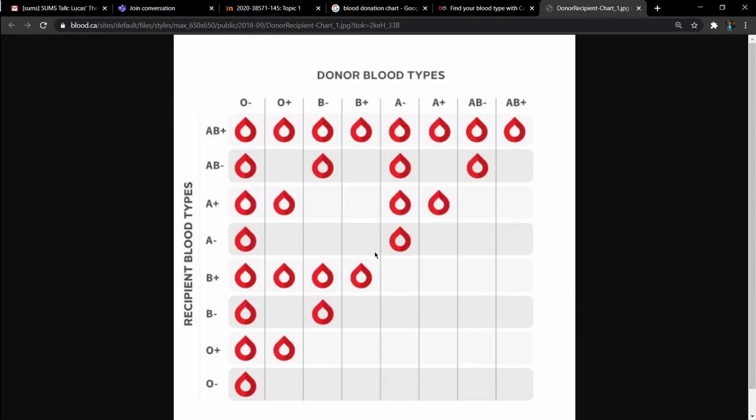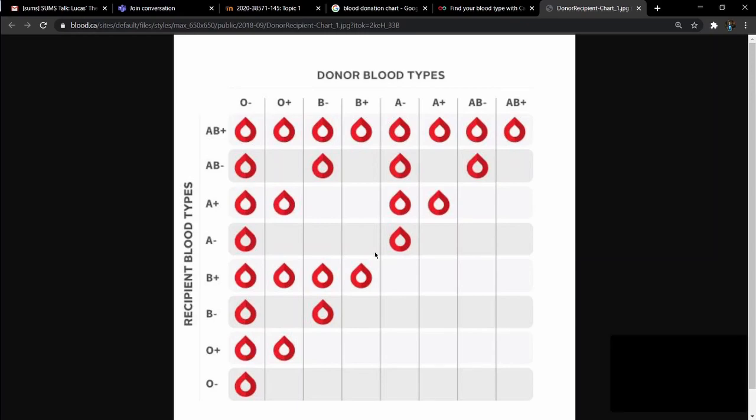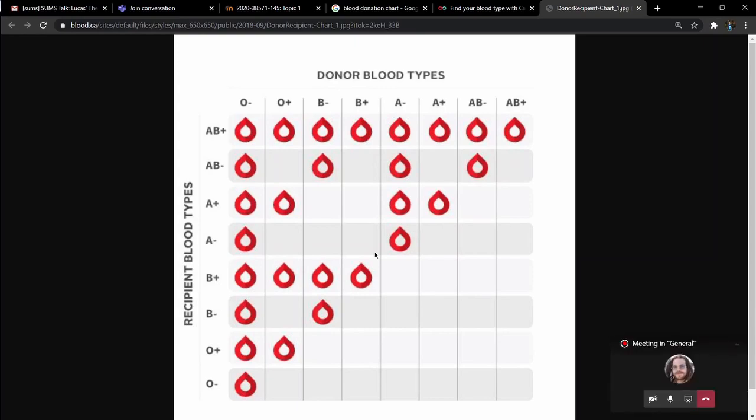So only certain blood types can receive from certain other blood types. There are 8 of them in all. So O minus can donate to any other blood type, but O plus can only donate to AB plus, A plus, B plus, or O plus. This is a useful little chart. Unfortunately, I am A positive, or A plus, so I can only donate to AB plus and A plus.